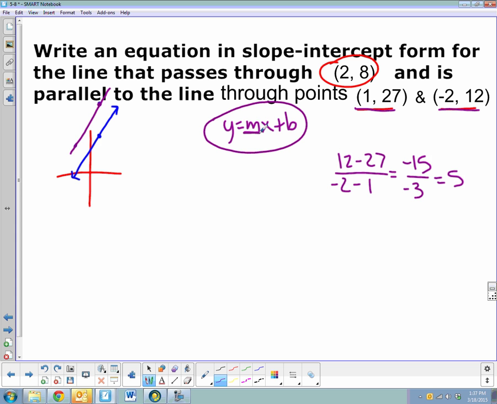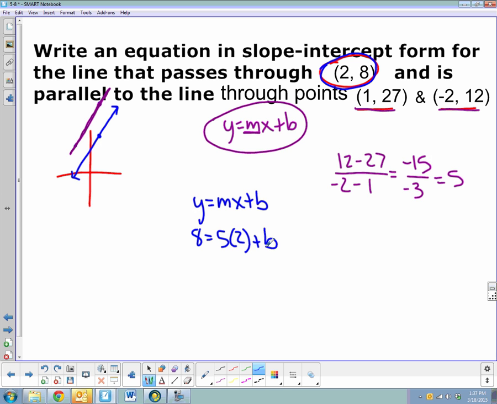So I now know that the slope of this purple line is 5. That means the slope of my blue line also has to be 5. So I know that for my blue equation, y equals mx plus b, the slope is 5. Got it. I also know that for the blue equation, that point is on the line. So that gives me an x and a y.